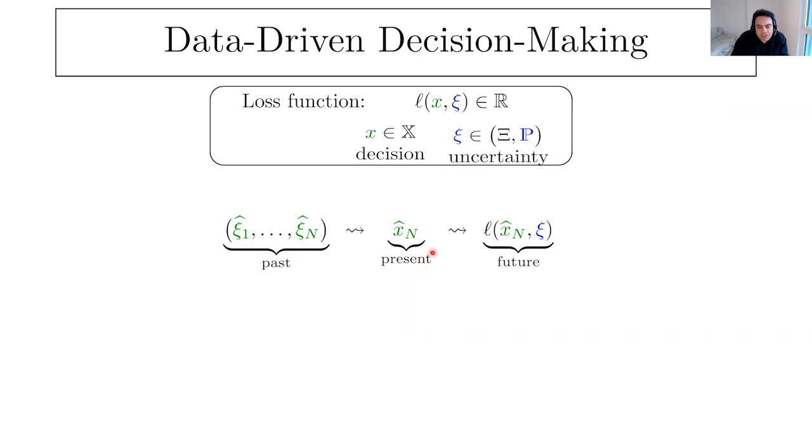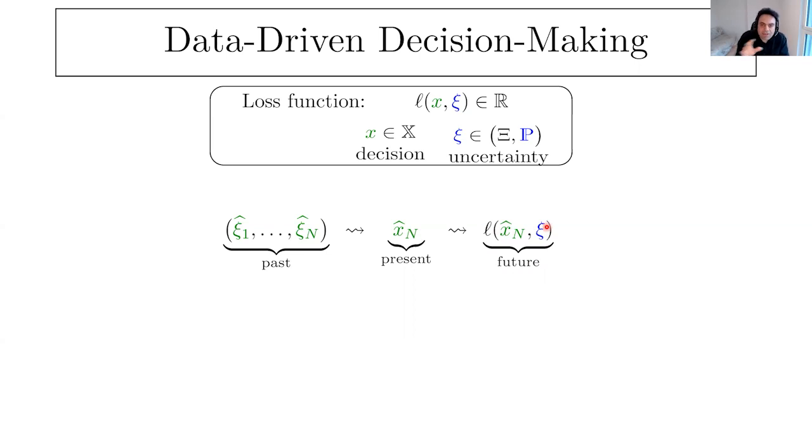Then you make a decision, which is what is happening in the present. When we are speaking about performance, what we are particularly interested in is not the performance of this decision on the past data that we had seen, but a new unseen realization that is revealed to us once we make a decision. That's represented here by the future: the loss function evaluated on our decision and some unseen data point. And that's what we are interested in.